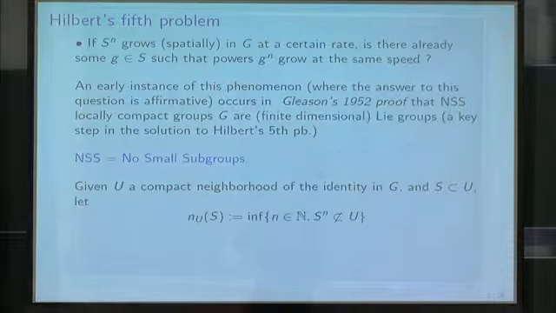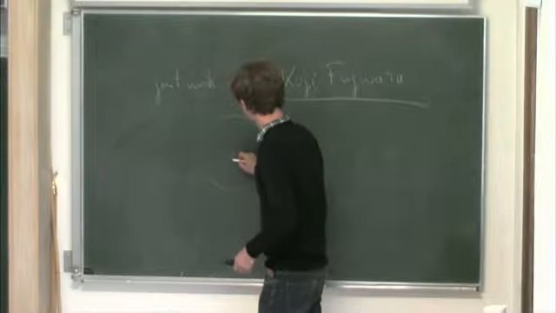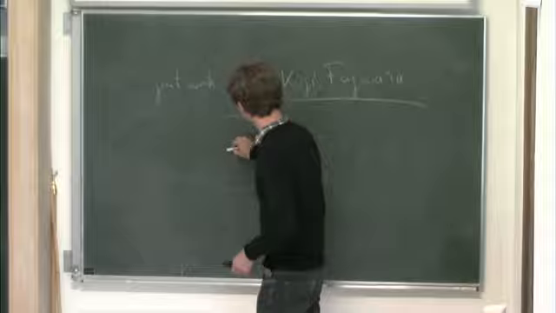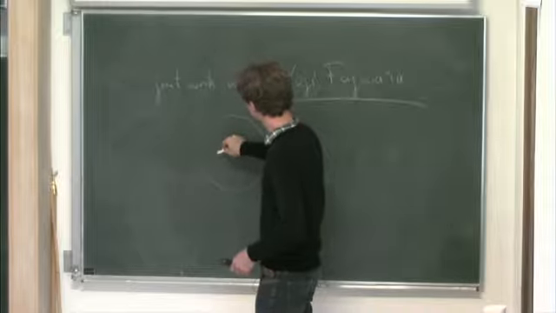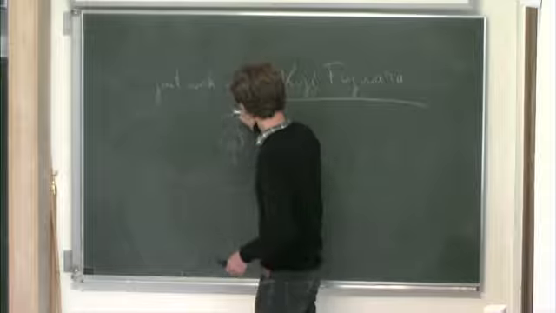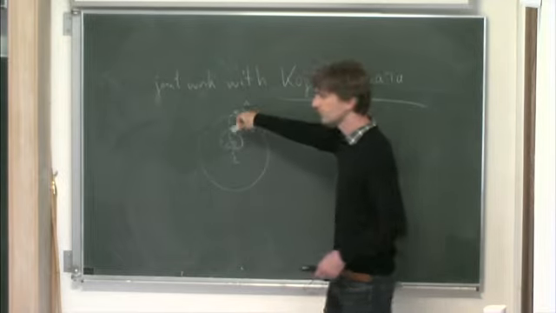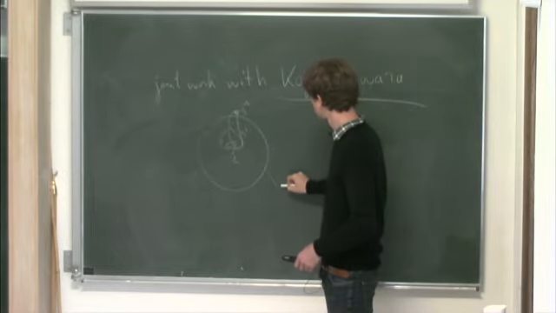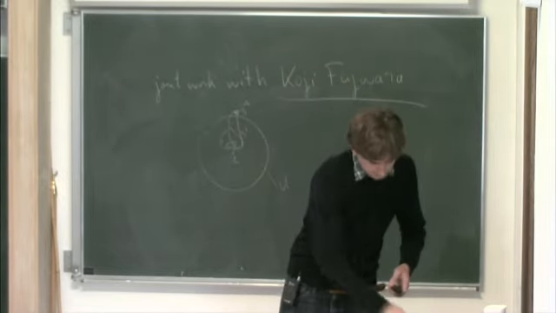You have U, the identity here, and you have some set S, and you start taking words in S, and at some point, you look at S squared, maybe, and then somehow S to the n. You look at the first n for which it pops out of this U.